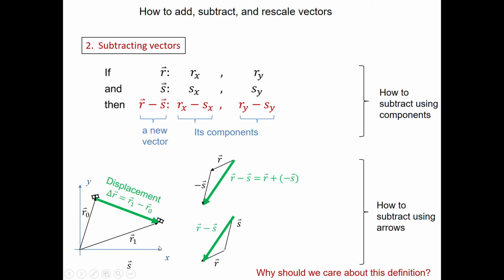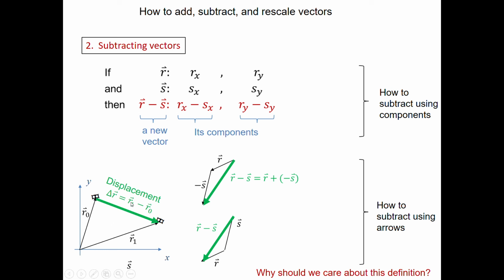What's its displacement? We already said the displacement we're going to draw just from the initial location to the final location. Well, notice that these two vectors relative to the origin, where it was at time t0 and at time t1, have their tails at the same location at the origin.